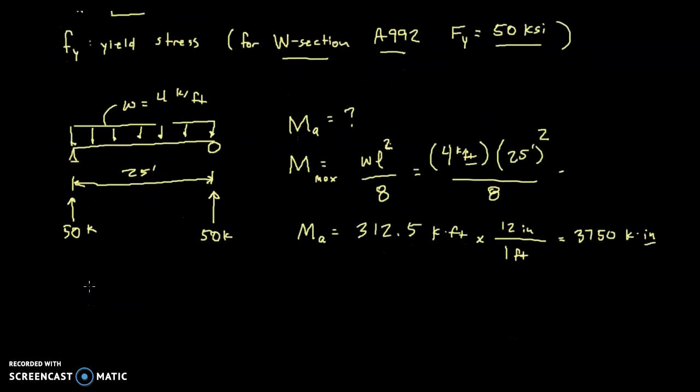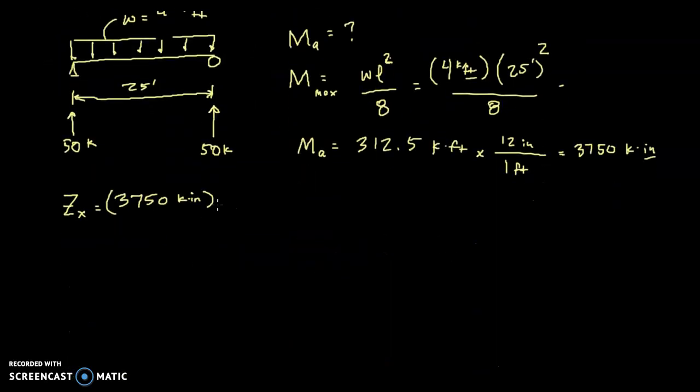So if I come down here, the Zx that I'm going to need for this beam equals 3750 kip inches multiplied by the factor of safety, which is 1.67, and then divided by the yield stress, which is 50 KSI. And so that equals 125.25, and that's in inches to the third.